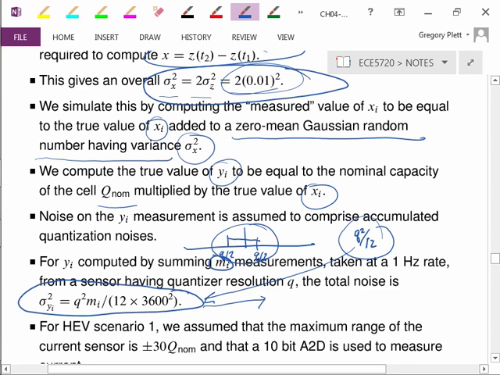So I've got true Yi, true Xi, noisy Yi, sigma Xi, sigma Yi. Seems like I'm pretty good to go. To compute them, though, I need a couple more quantities. I need, for example, how long is my measurement interval, and what is my quantum Q.